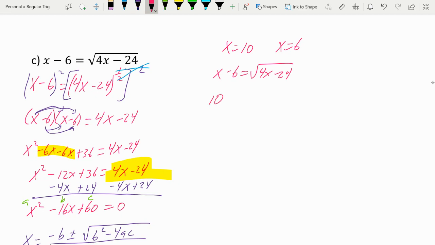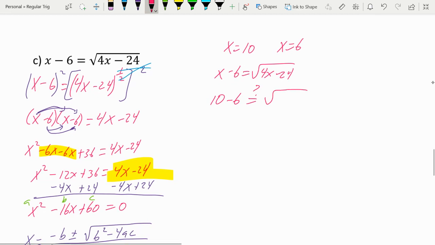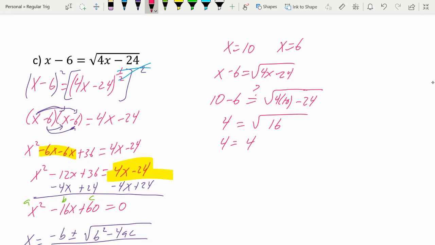So I have 10 minus 6 is equal to, there's my question mark, the square root of 4 times 10 minus 24. 10 minus 6 gives me 4. And then square root of 4 times 10 minus 24 gives me 16. So 4 is equal to 4. So we know that one worked. Okay, so we're good with x equals 10.